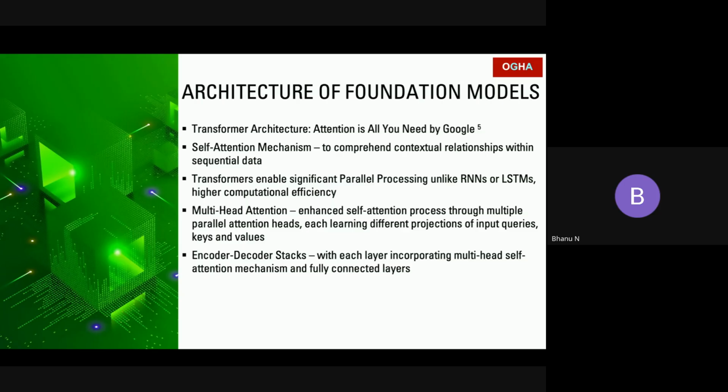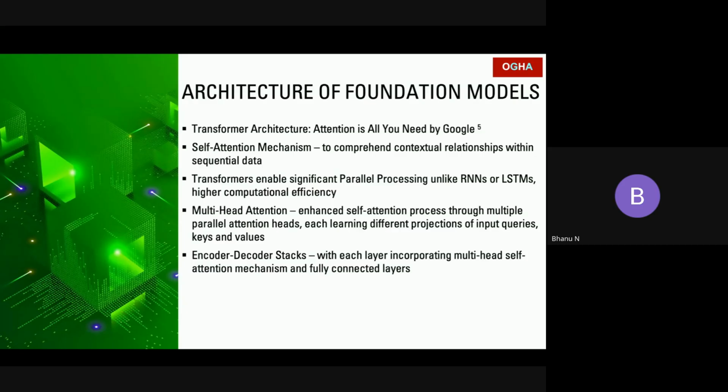These models are so heavy, getting into billions, hundreds of billions, even touching trillions of parameters, and they require huge computational input in terms of thousands of GPUs and TPUs.